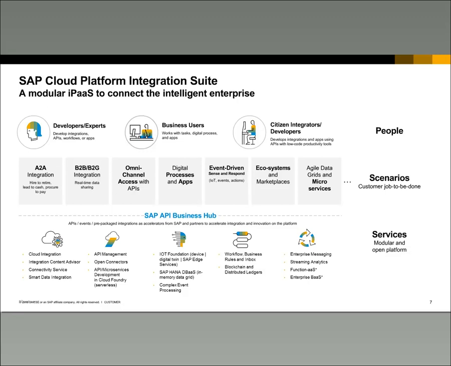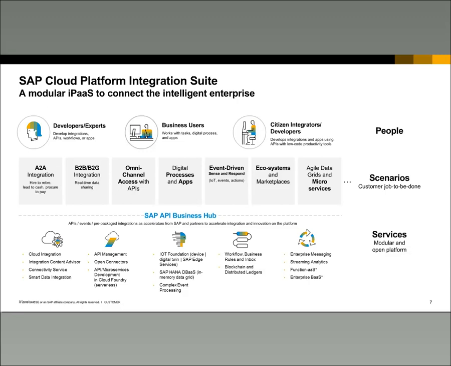Starting off with A2A, you're already aware of A2A, where we want applications within an organization to communicate with one another to eventually fulfill a process. And here, Cloud Platform Integration comes in handy. Of course, Integration Content Advisor, which is the machine learning tool, helps build mappings between complex interfaces.